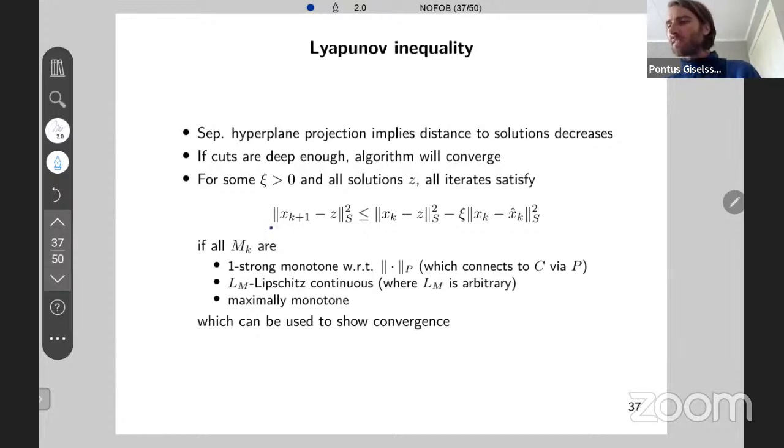And it can be shown that an inequality of this form is satisfied for some positive psi and all solutions z, under some assumptions on all the mk. So how can we think of this? This is the distance to the solution at xk plus 1. This is the distance to the solution at xk. We see that at xk plus 1, the distance squared is smaller than the distance squared at xk, and there is also a quantification of how much smaller it is.